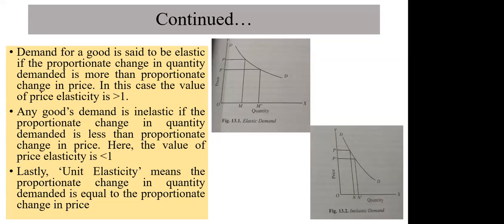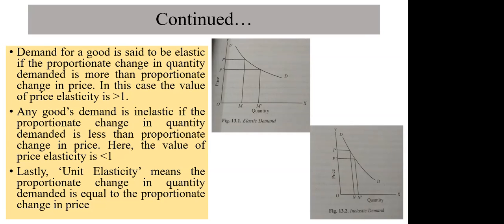Now, it happens in the case of necessary goods, which I will discuss further, but suppose in the case of salt or food items, even if there is a 10% rise in the price level, there will be only 2 or 3% or maybe 5%, which is less than 10%, decrease in the quantity demanded.